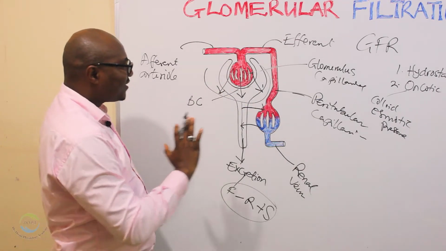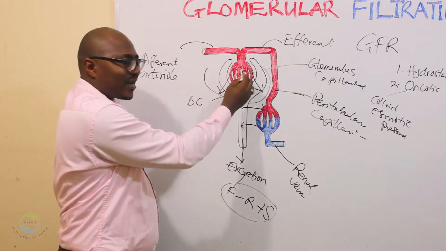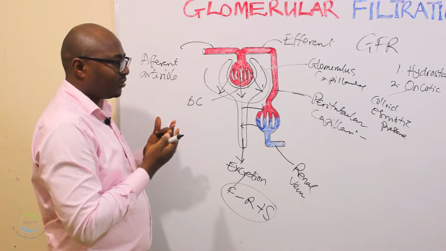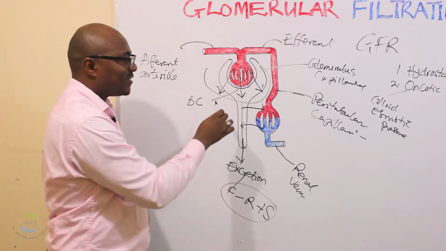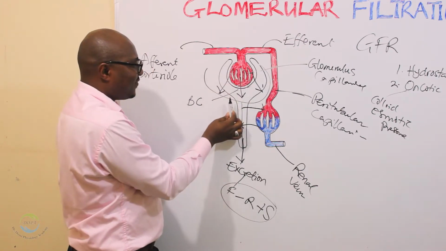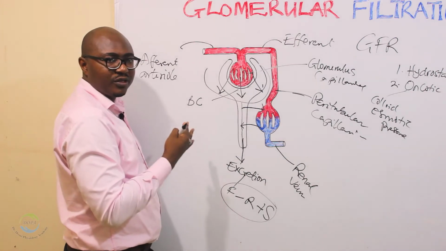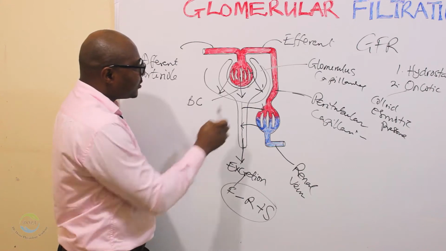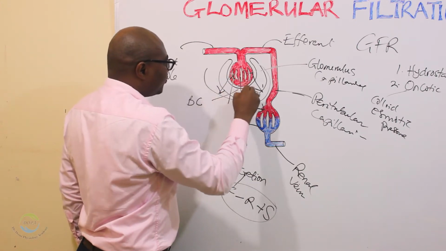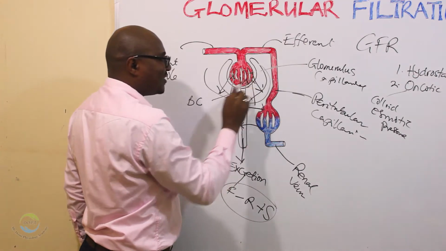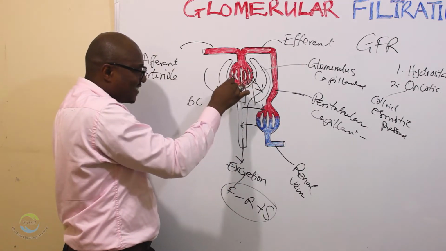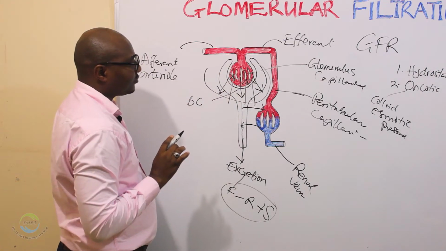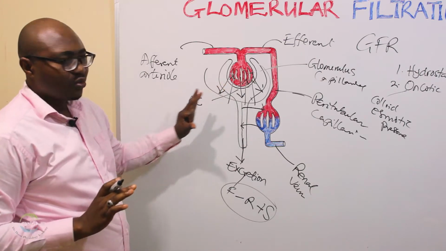Then the oncotic pressure of these glomerular capillaries takes in, favoring reabsorption. Although reabsorption does not take place here, generally they suck in fluid because of the concentration of plasma proteins. So get that into your mind. That is the plasma proteins in the blood located in these glomerular capillaries. So these two are opposite.